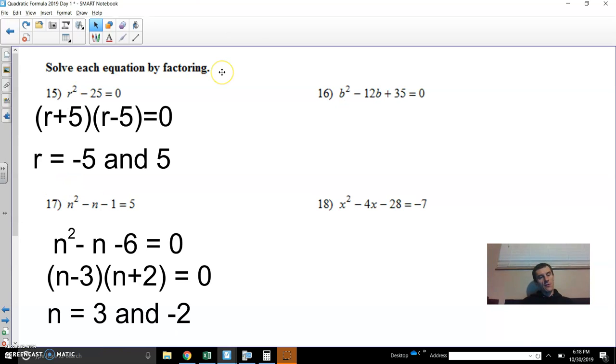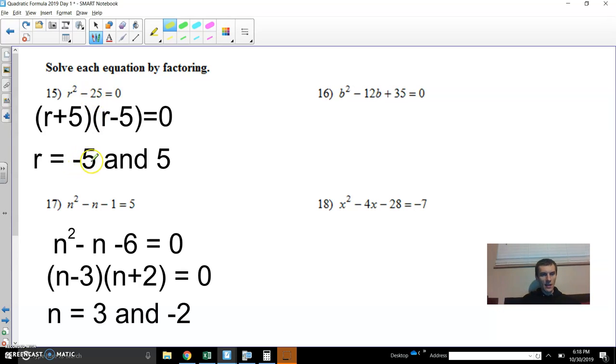So factoring is another way that you can solve for these 0 points. And 15, just like we have been talking about on the other page, could be another conversation for using square rooting. You could add 25 over, square root both sides, and that would be the same as if you used what's called difference of perfect squares factoring, r plus 5, r minus 5. These two factors create r squared minus 25 if you multiply them together.